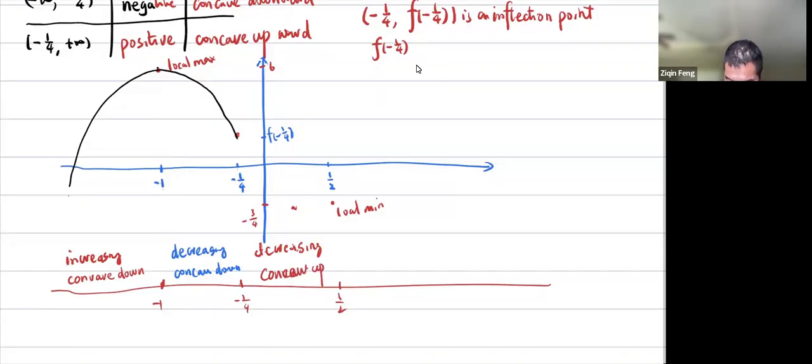So the graph looks like this. On the right side, the function again goes back to increasing, but still concave up.